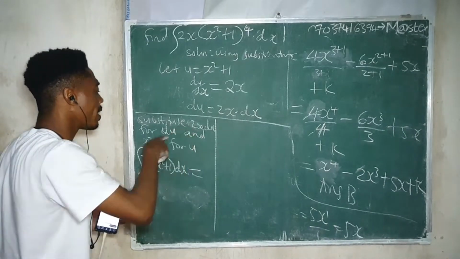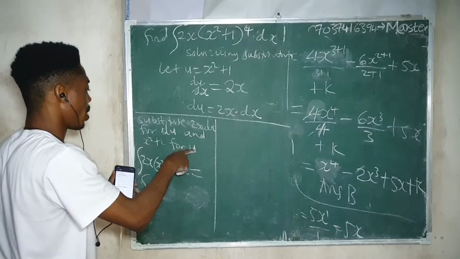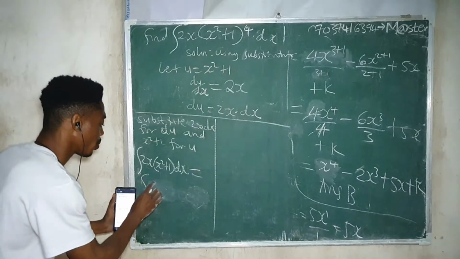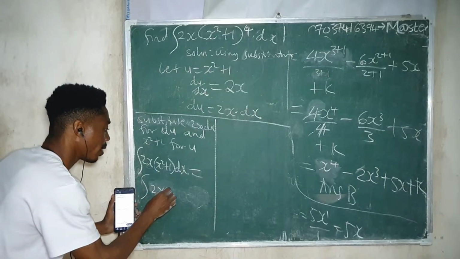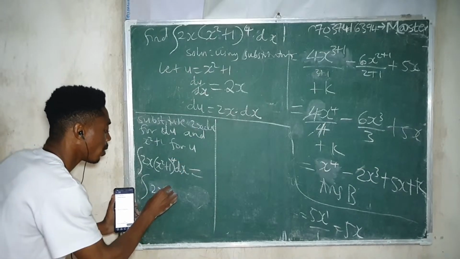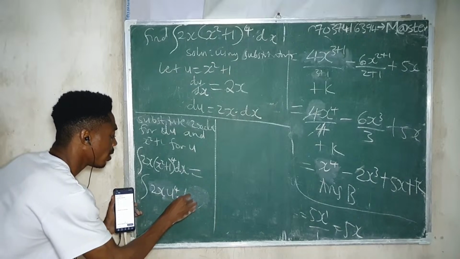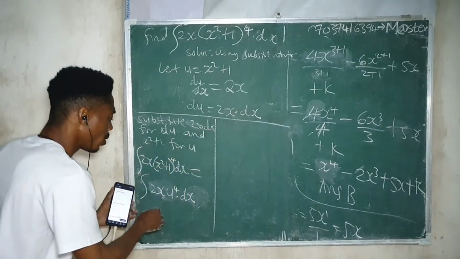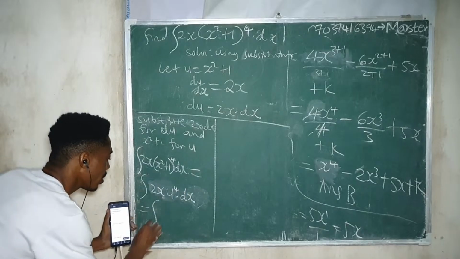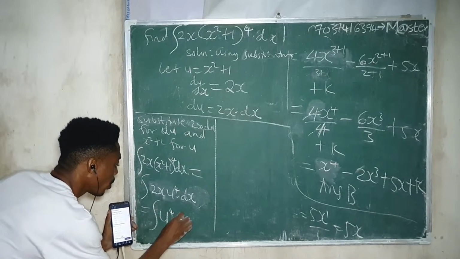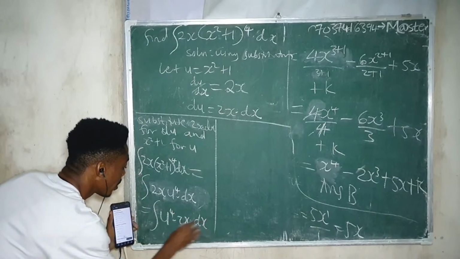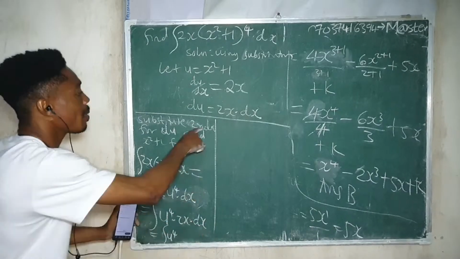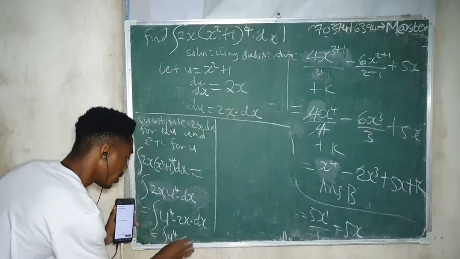Anywhere I see x squared plus 1, I'll put u. So this is u raised to power 4. And anywhere I see 2x dx, I'll put du. So this is the integral of u raised to power 4 du.